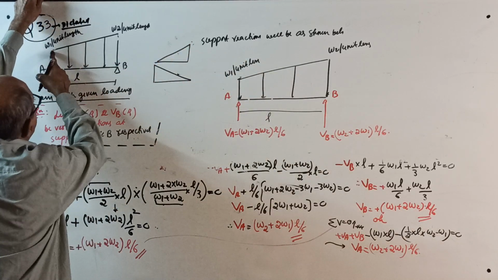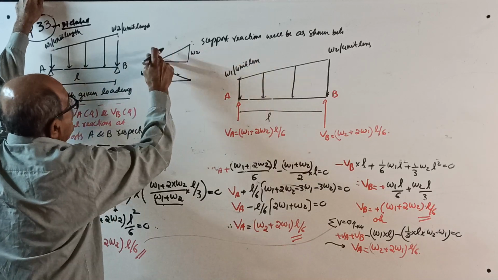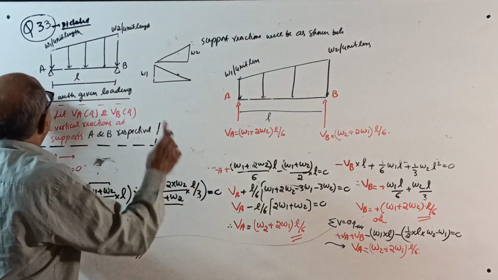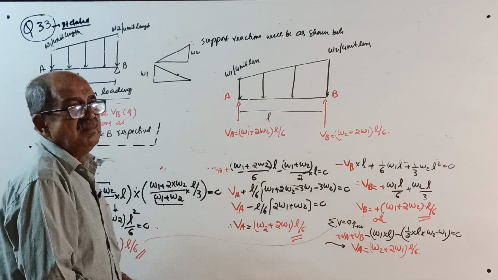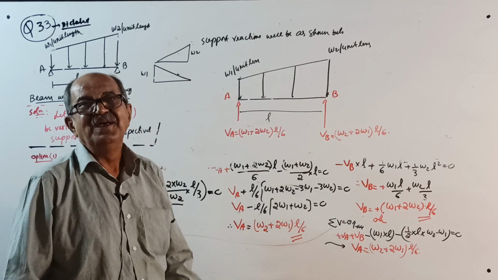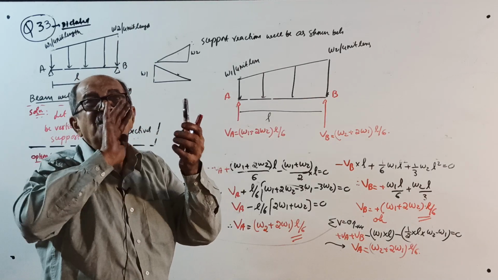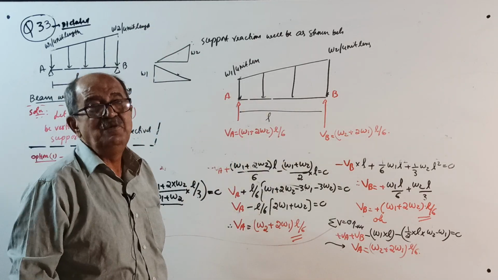This is W1 to 0, the other is W2 to 0. But someone will say that if you divide like this, the second one is not coming. It is coming; it only looks like it is not. If you want horizontal dispersion, okay, but when you want vertical loading, it will come. Then you will keep quiet.